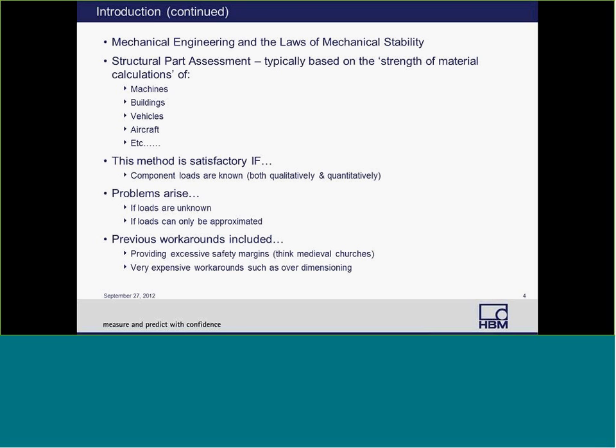But problems arise if the loads are unknown or if loads can only be approximated. Previous workarounds in the past provided excessive safety margins. So if you were to think of medieval churches with the walls 8 feet thick, and other expensive workarounds such as overdimensioning.